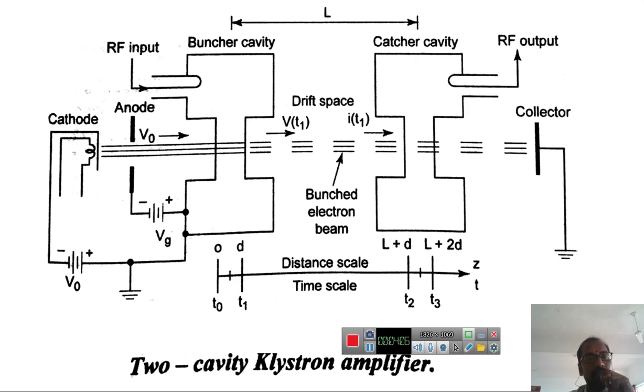When we apply the proper biasing voltage, the cathode will emit electrons. The emitted electrons travel via the buncher cavity.